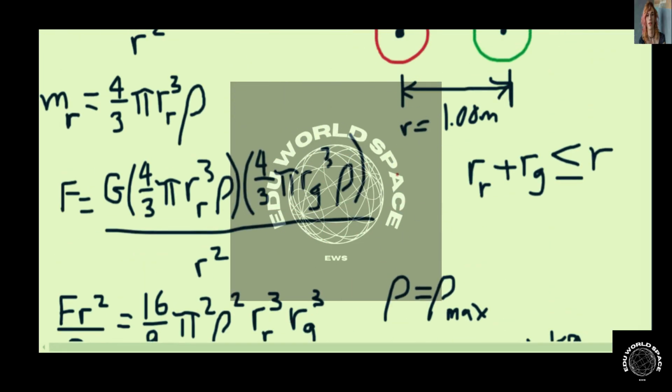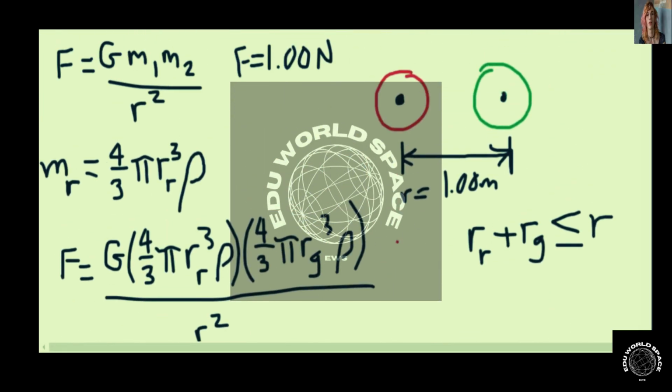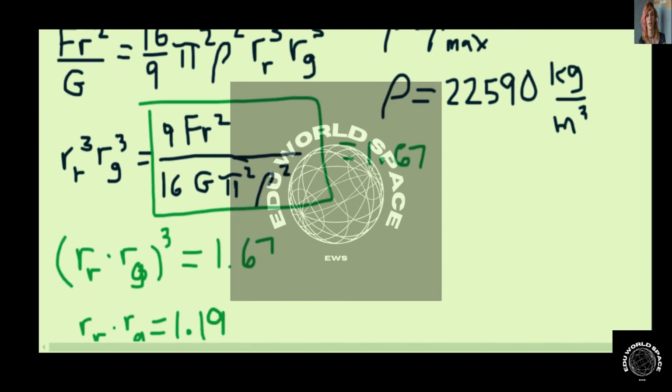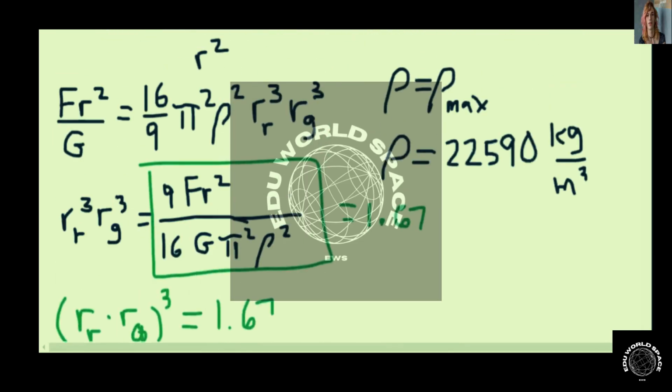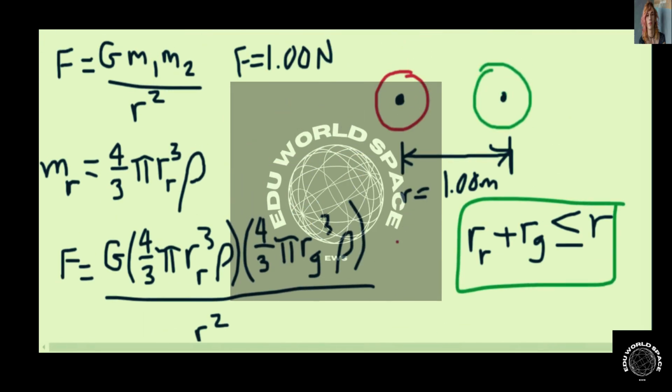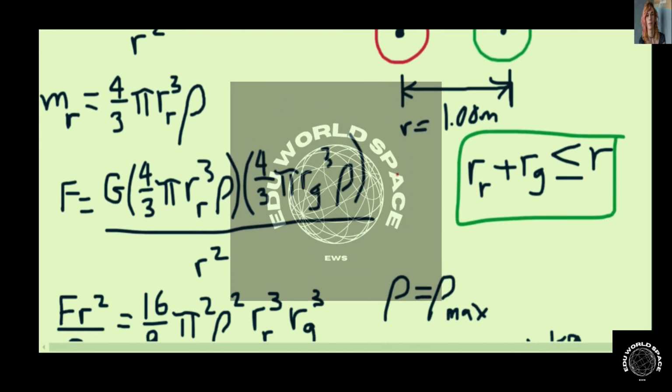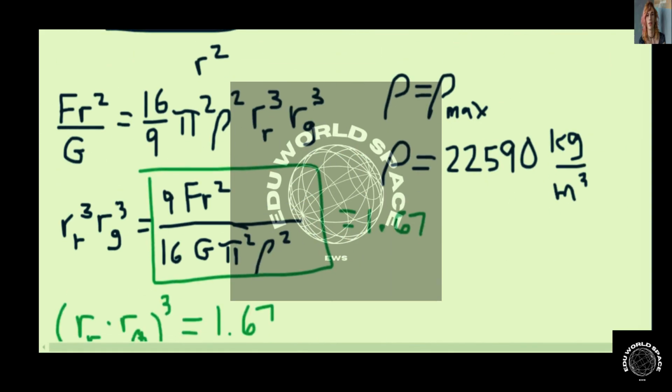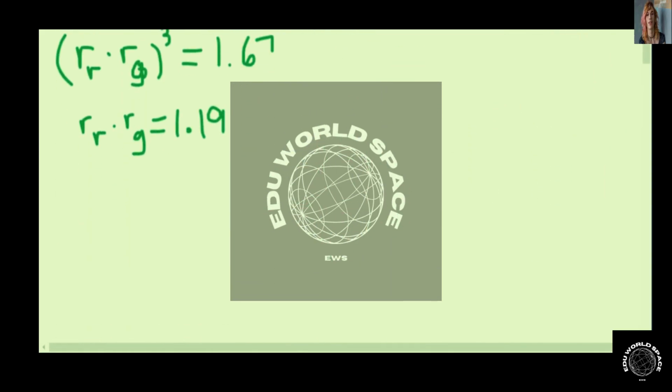The radius of the red one times the radius of the green one is 1.19. But R red plus R g must be less than or equal to 1. So let's write that down here.